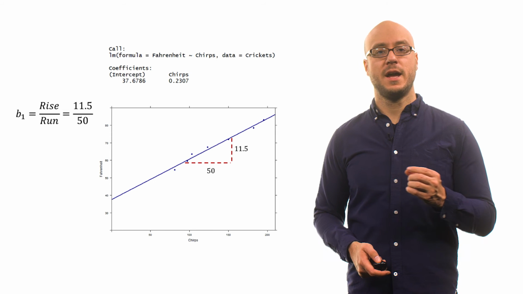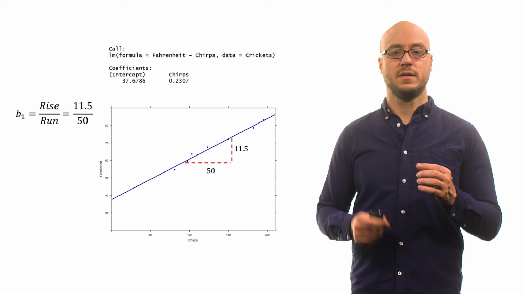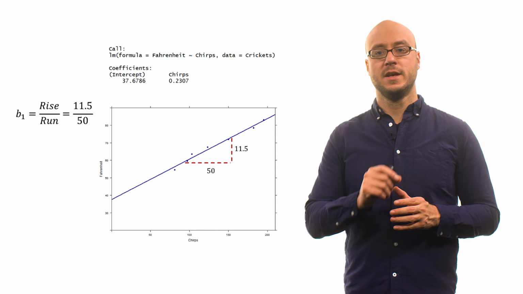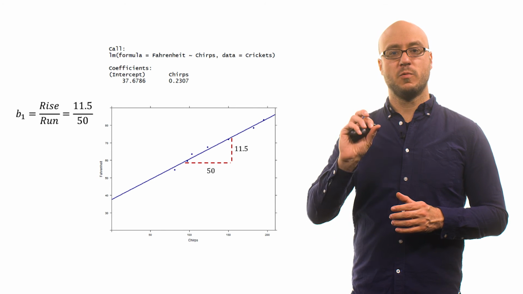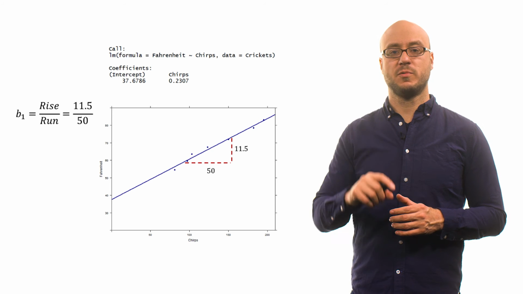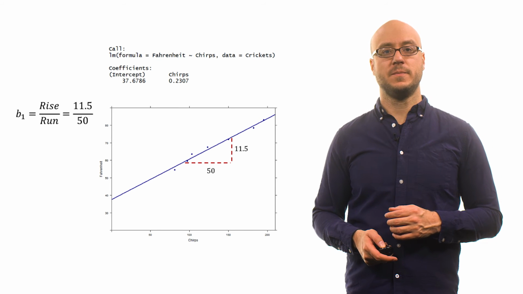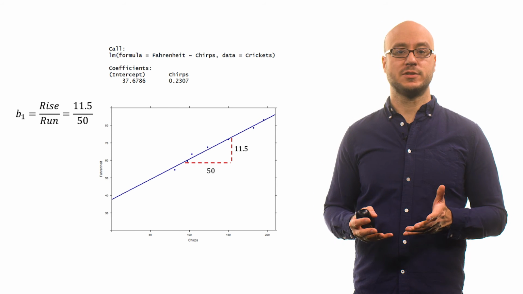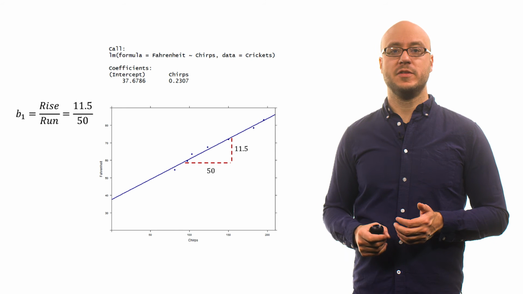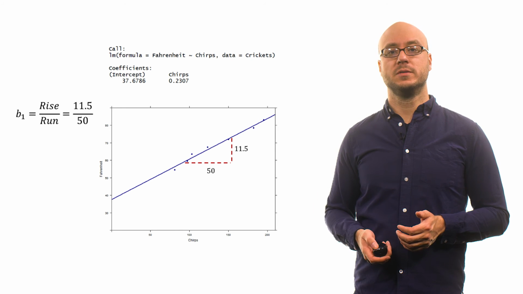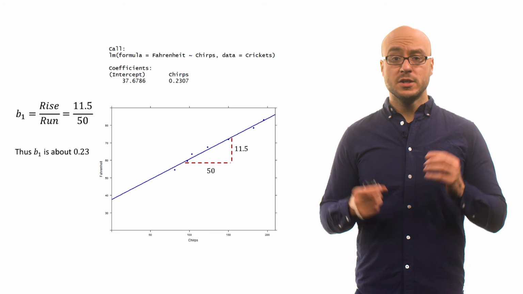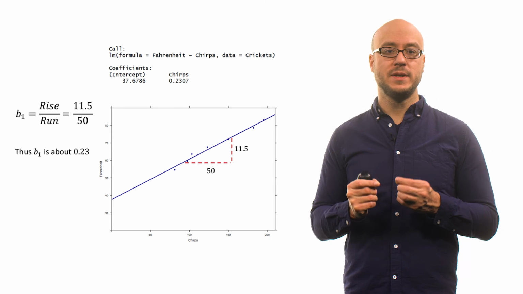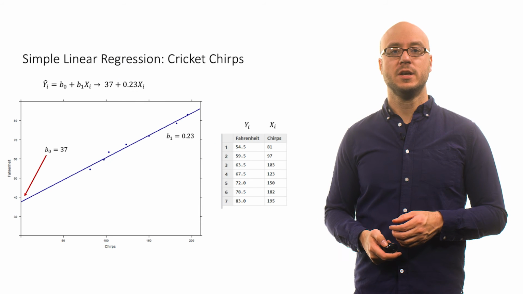You can take any point on the line, move over to the right, and then go up to the line again, and the ratio of the rise over the run will give you the slope. Typically, we make it so that the run is 1, and then the rise is just going to be the coefficient from the output, which is roughly 0.23. That just aids interpretation. So we can say that the slope in the sample is 0.23.